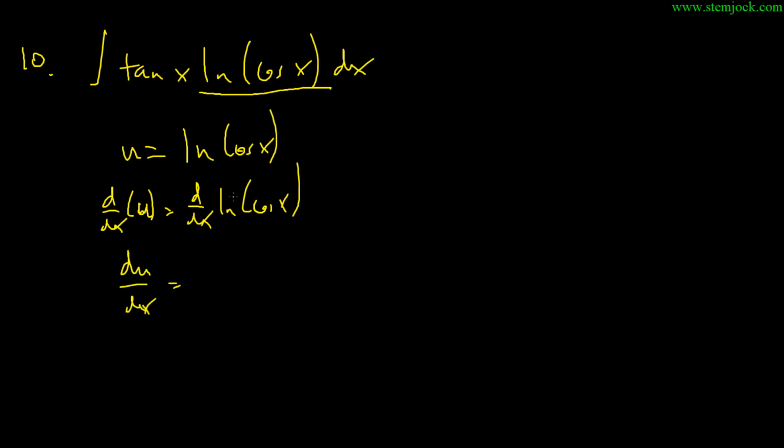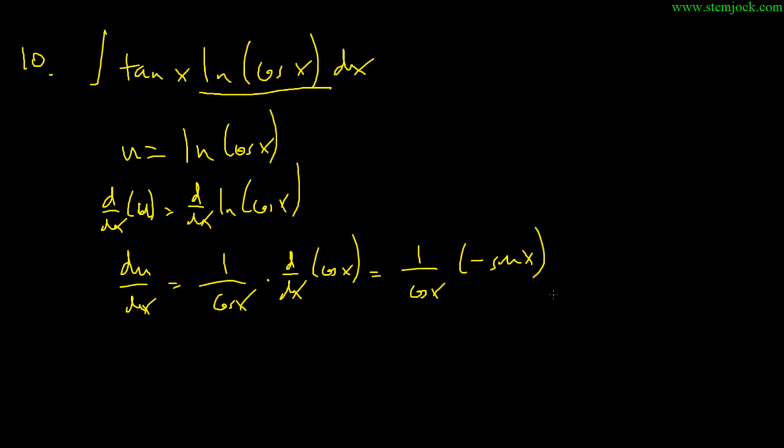Now the derivative of natural log is going to be 1 over whatever's inside here, so that's cos x. And now I have to use the chain rule, so I multiply by the derivative of what's inside, which is cos x. This is minus sine of x. 1 over cos x times minus sine x, so negative sine x over cos x, that is equal to negative tangent x.